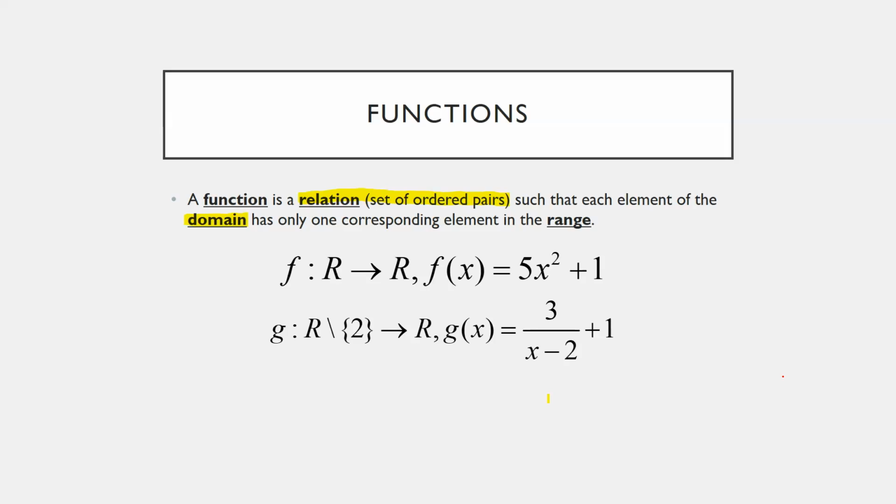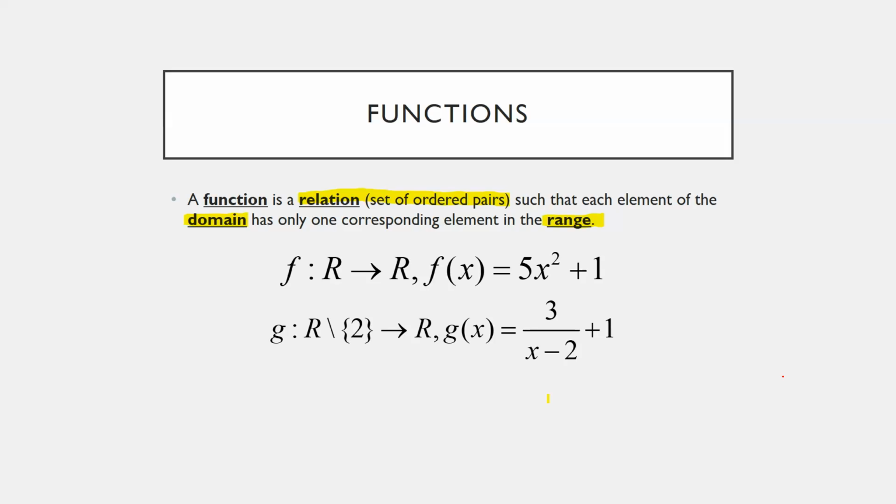The y values, or the corresponding element, gives us our range. So a function is a set of pairs where the x and the y give us our domain and range, and importantly, each element of the domain, so each x value, has only one corresponding y value.